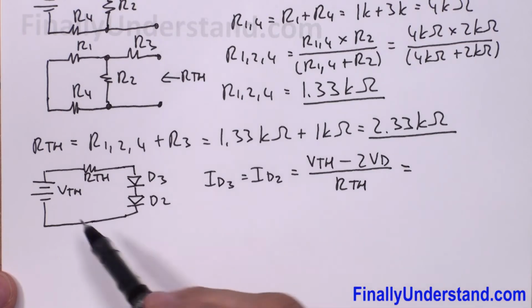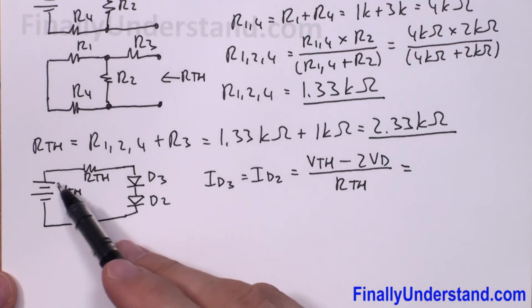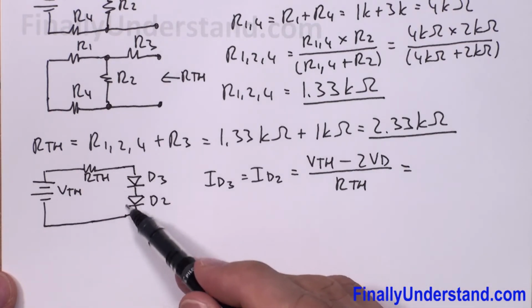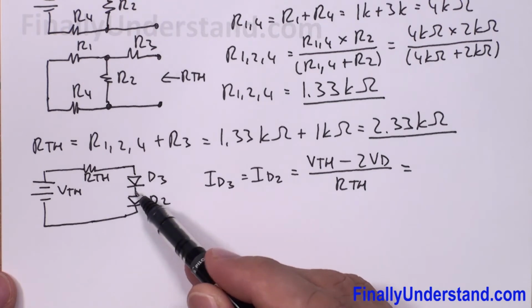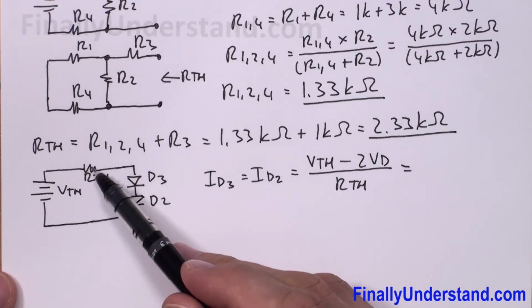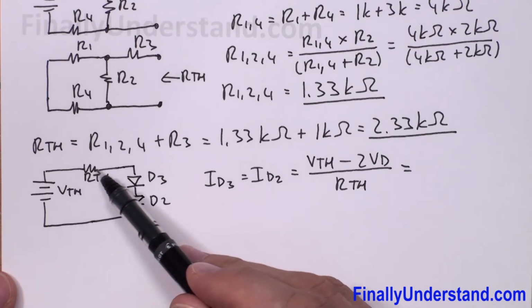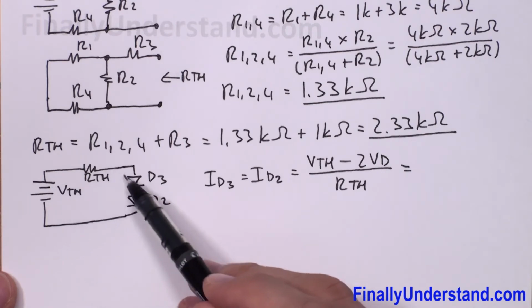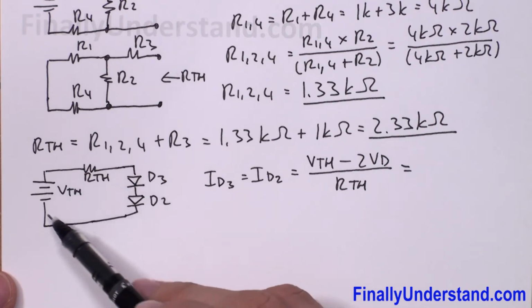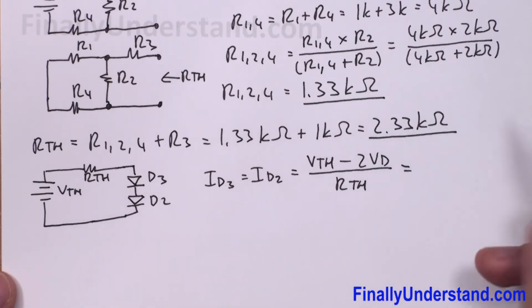Okay, so Thevenin's voltage minus voltage drops across these two diodes will give me voltage across this resistor. Voltage across the resistor divided by resistance will give me the current in this series circuit. Okay, the current in the series circuit is the same at every single point.